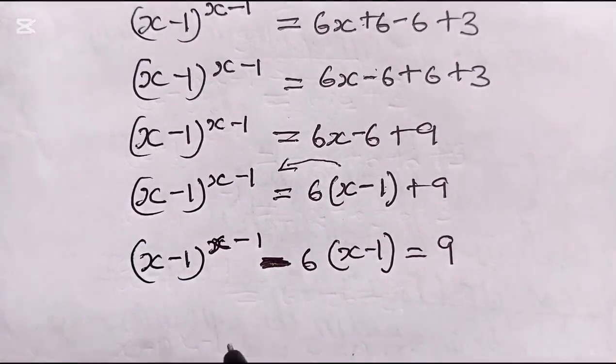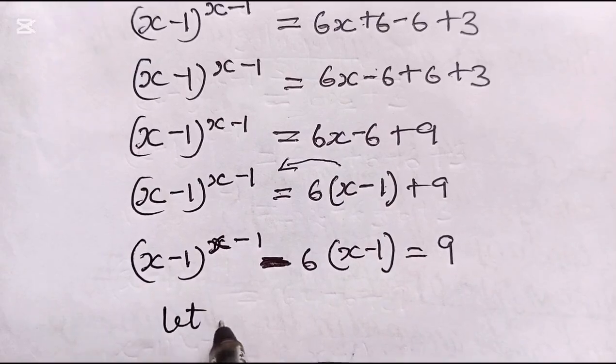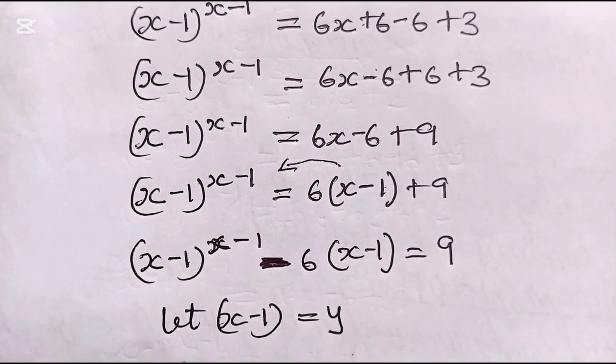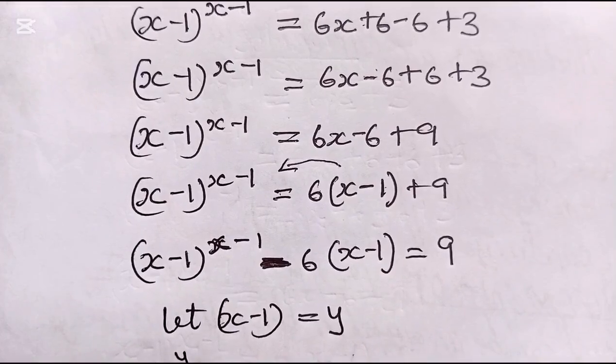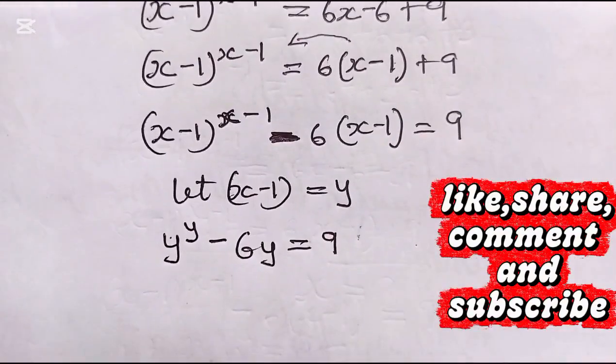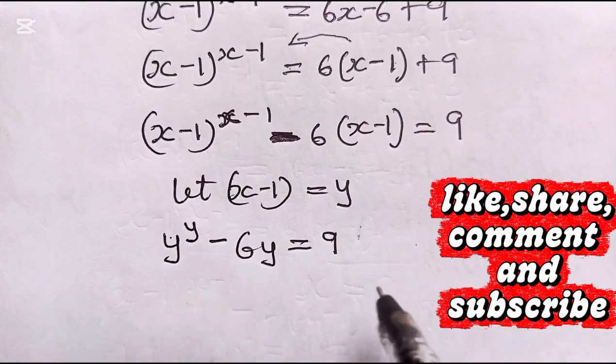Let x − 1 be equal to y. So where you see x − 1, you put your value of y. So we have y^y minus 6y equals to 9. So this is what we are going to have.